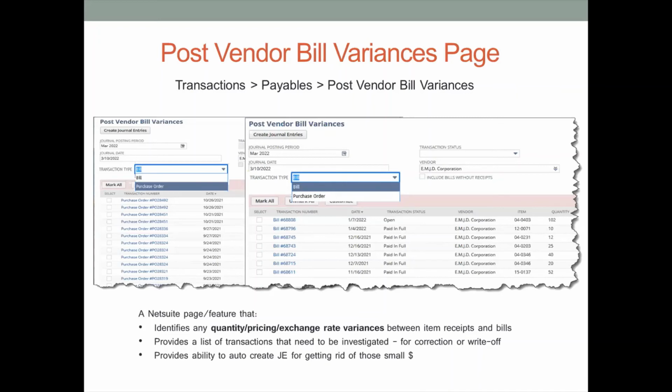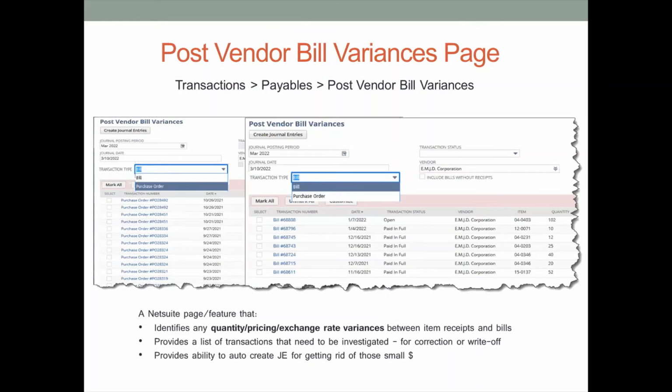I found that most of my clients were either very confused by this page, or they weren't using it effectively, or didn't quite understand some of the subtle nuances of it. This meant that they had unresolved errors between their inventory receipts and their associated bills, which needed to be corrected or written off.